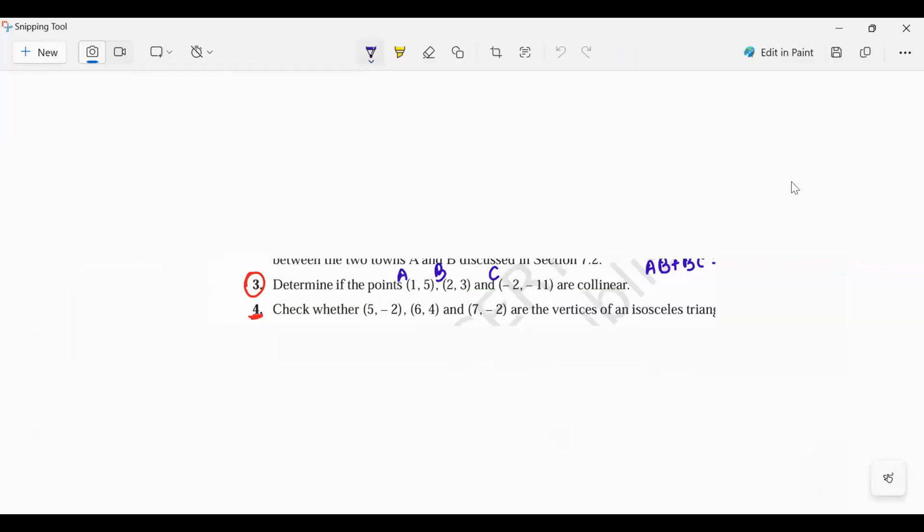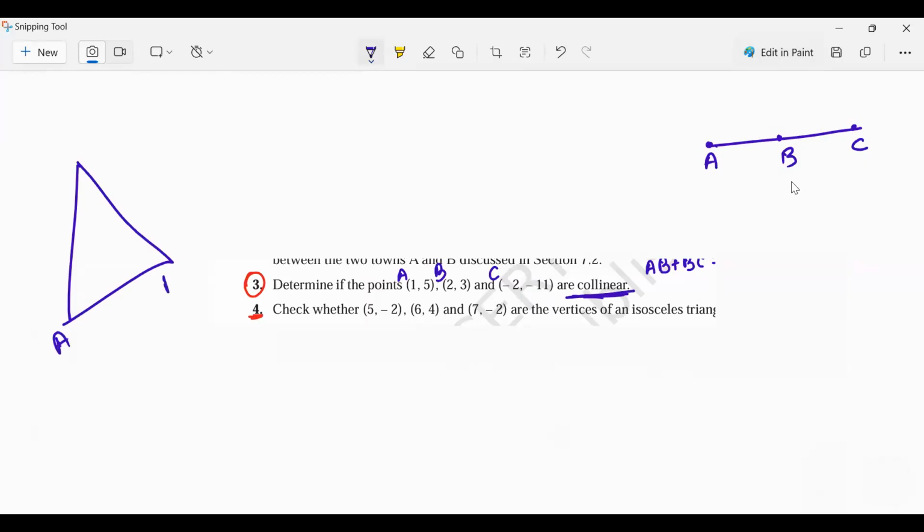Can you see this screen? Yes, ma'am. The moment we read this collinear, we think that all these points A, B, C must be on the same straight line. If you think 3 points are always on the same straight line, it is not always possible. Your 3 points can be like this also, A, B, and C, and this is not collinear because all are not sitting on one straight line. If this is the case, then it is collinear.